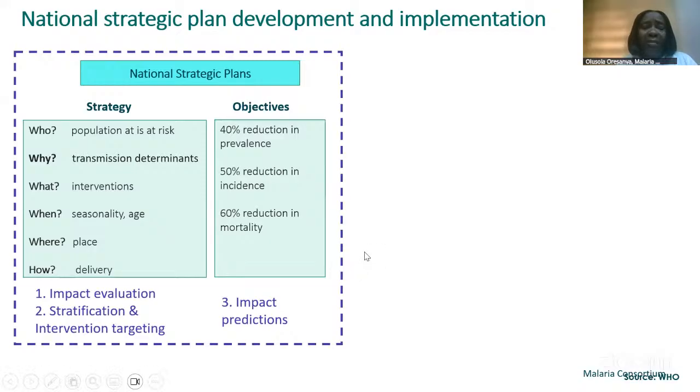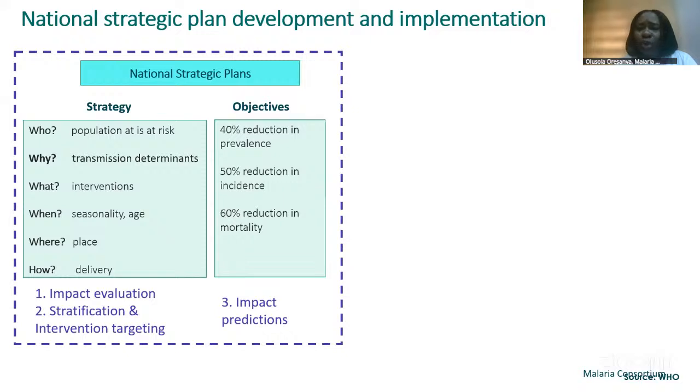And then where stratification and intervention targeting comes in is, if I want to move from, for instance, 35% malaria prevalence, I want to move from 35 to 20% over the next 5 years.